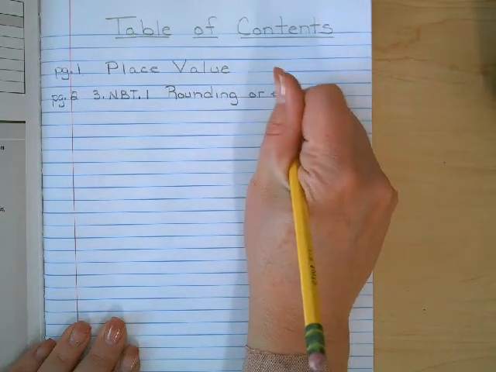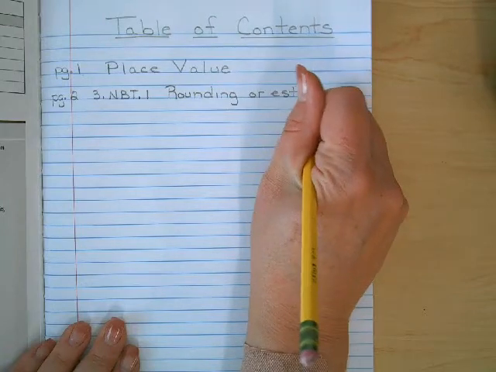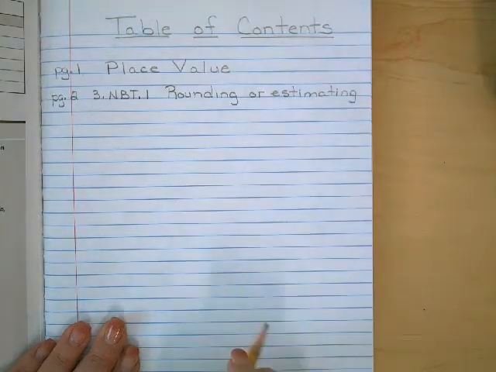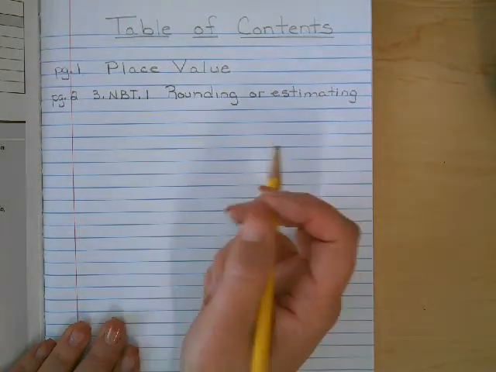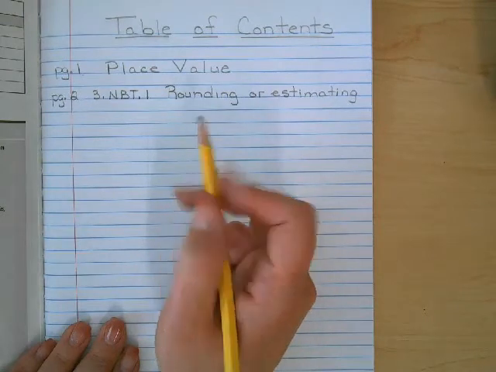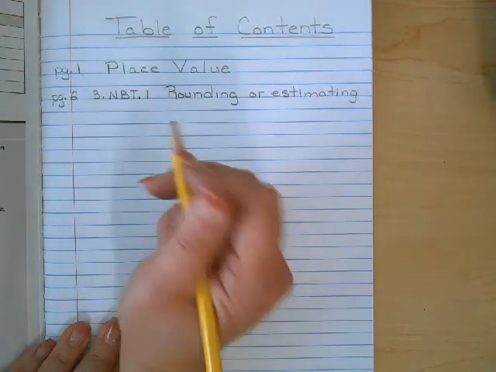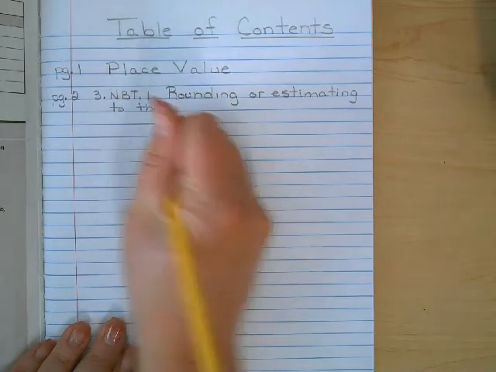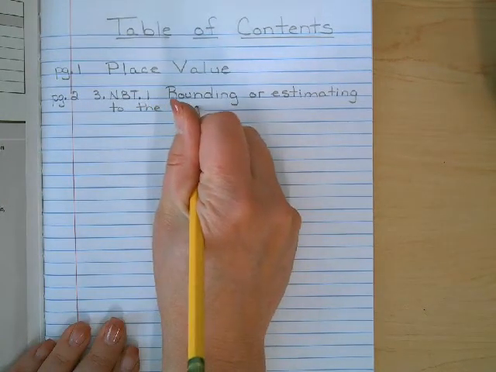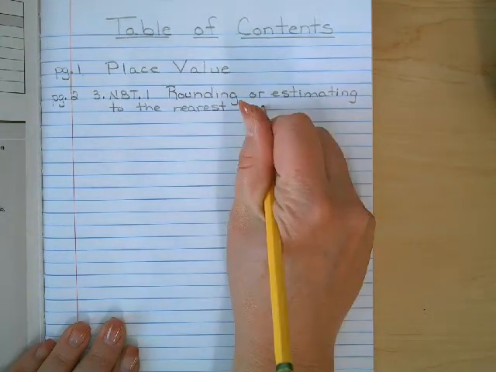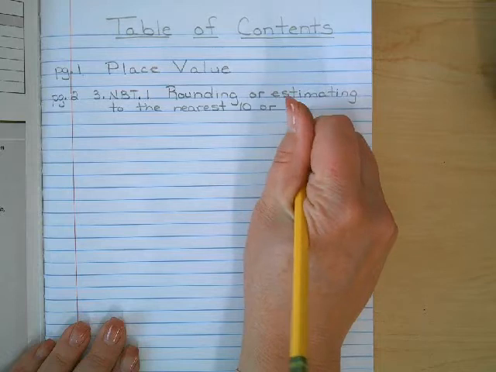We can also use the word estimating when we use rounding, because that's what estimation is. It's a close approximation of what the number is going to be without using the exact number. So rounding or estimating to the nearest 10 or 100.